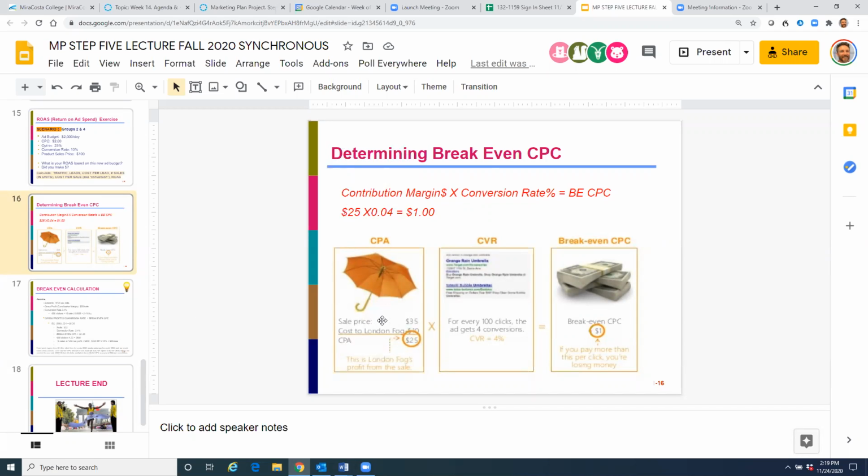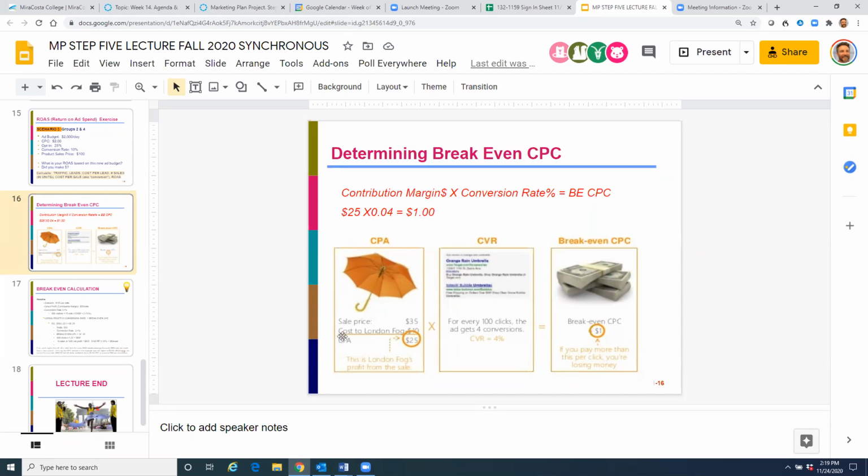So that's this example here. You have your sales price of what you're selling. In the example I gave you, it was $100 a piece. But then you have your own cost. Those of you who took accounting know cost of goods sold. It's that gross cost to make your widget, make your thing per unit. So the sales price per unit for these umbrellas is $35.